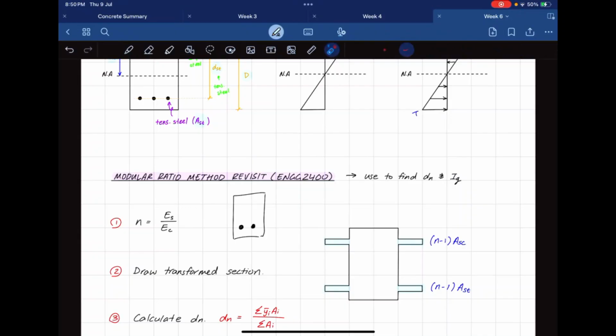So, we've got 2 different materials, concrete and steel bars. When we try to find the moment of inertia for something like this, we're going to have to convert this steel into concrete.